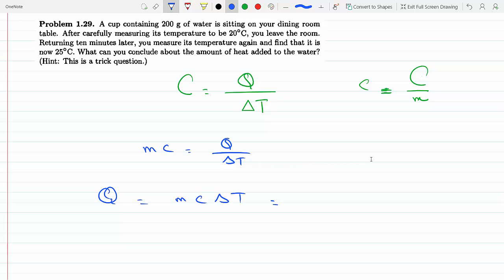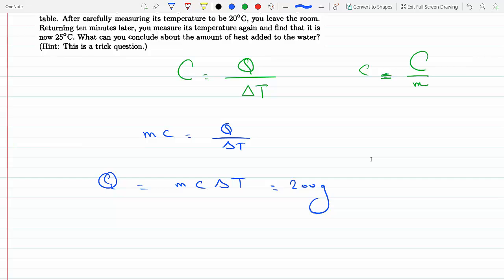And you could figure it out exactly. This is 200 grams. What's the specific heat for water? 4,186. It's right here, 4.186. Yeah, 4,186 joules per kilogram.